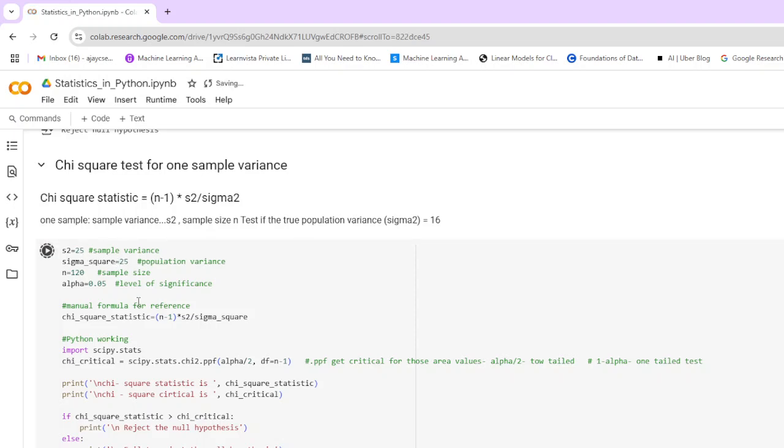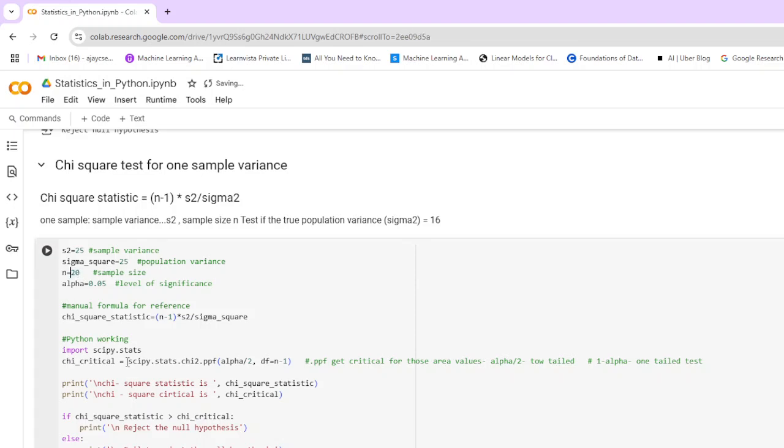Let me put this here. I specify the sample variance and the population variance, and the chi-square statistic is 119 and chi-square critical value is 90, indicating that we reject the null hypothesis.